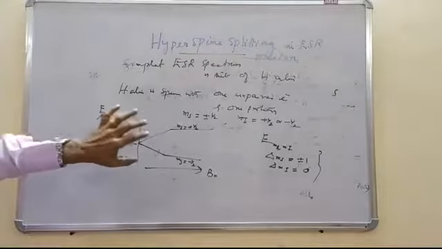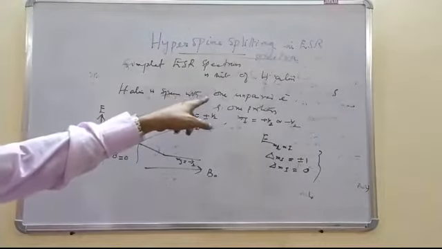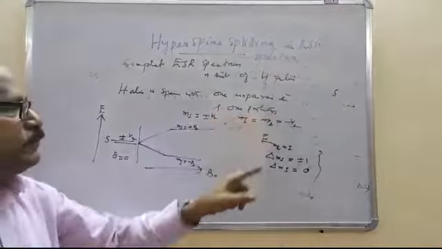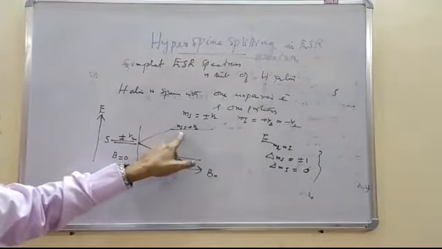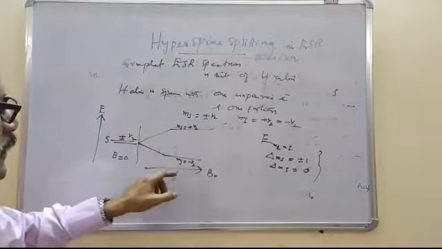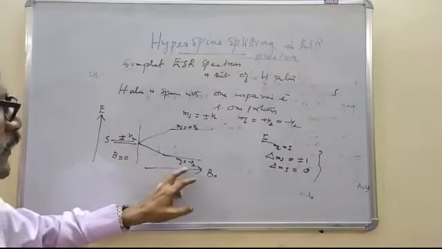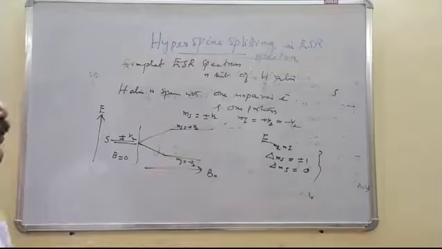So in the first situation, the case of the hydrogen atom with one unpaired electron and one proton, under the influence of the magnetic field the electronic spin level is split into two energy levels, Ms is equal to minus half and Ms is equal to plus half.